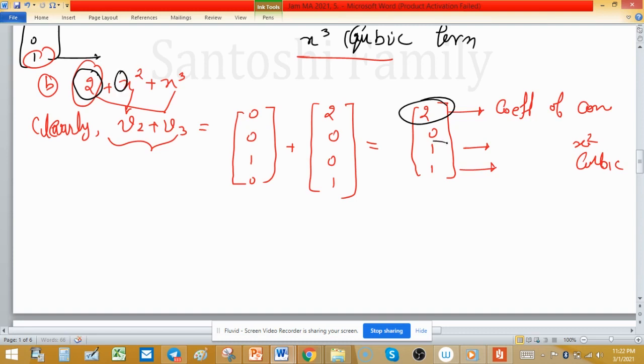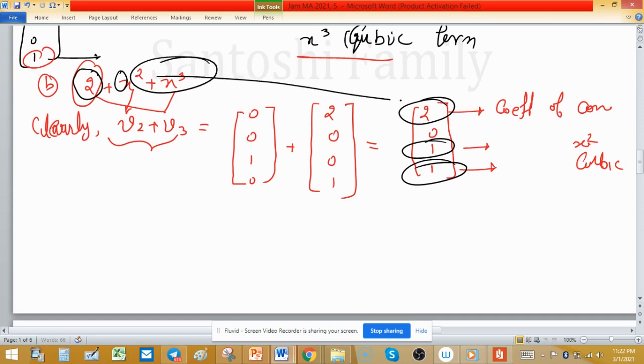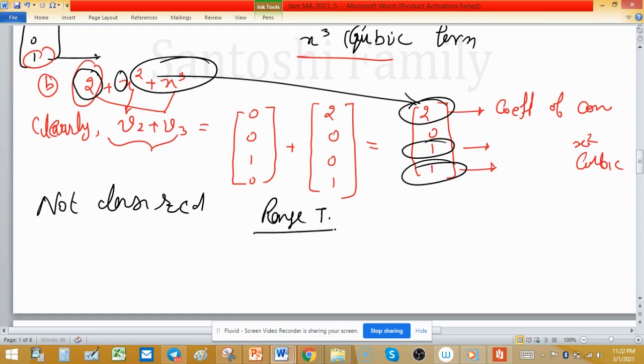You can check 1 here, and the cubic term is 1. So all conditions are verified. So this is not desired, because we are seeking those which are not in the range of T or image of T.